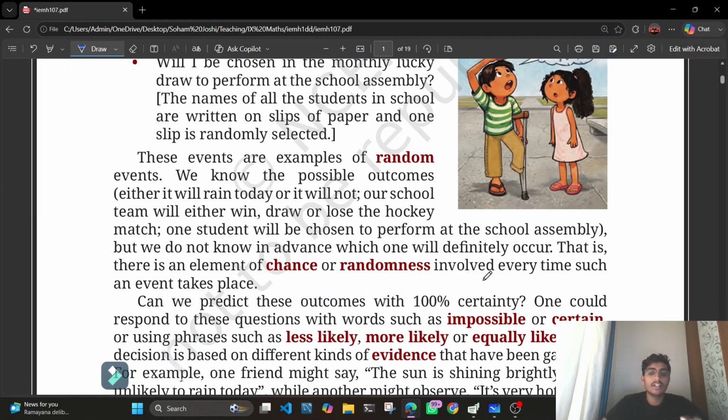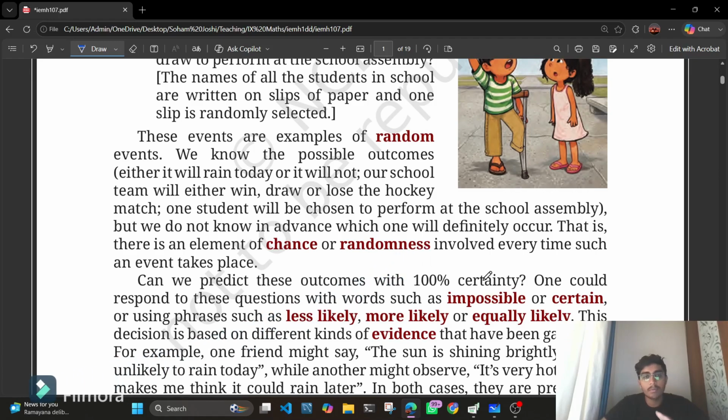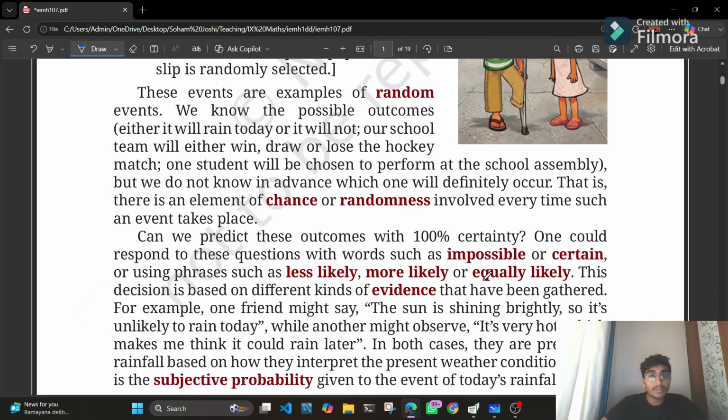We use weather forecasts to predict whether it is going to rain, but the forecast is also a prediction and not a certainty. It may happen that the prediction goes wrong, and that is very natural. So that doesn't make any difference.